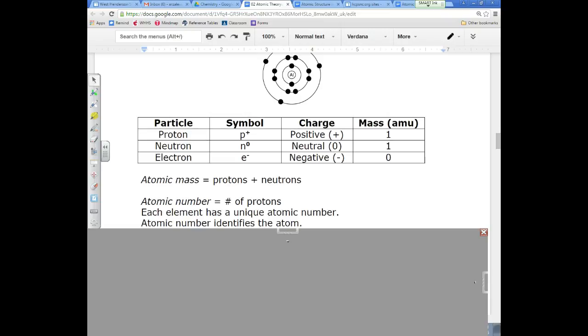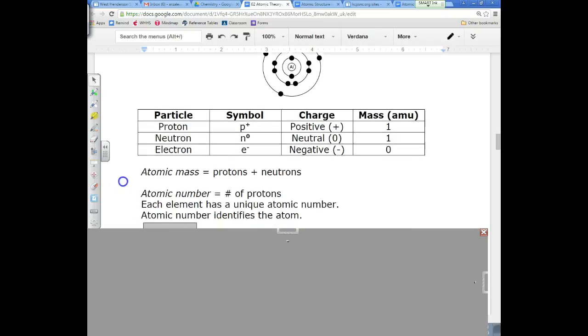If it all of a sudden has 7 protons, it's no longer oxygen. It is called nitrogen. So the number of protons for an element is not really going to change until we get into nuclear chemistry. So for right now, whatever the atomic number is, that is the number of protons, and that can help you identify what the atom is.